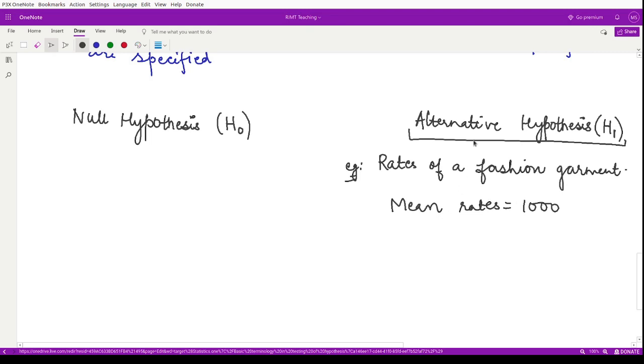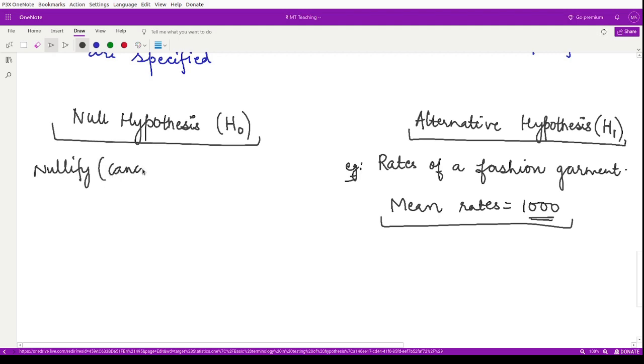So this is our alternative hypothesis, that we are saying that the mean rate of the given sample is equal to 1000. However, the null hypothesis in this case would cancel out its effect. So that means it will nullify. So nullify means cancel out the effect of the alternative hypothesis.